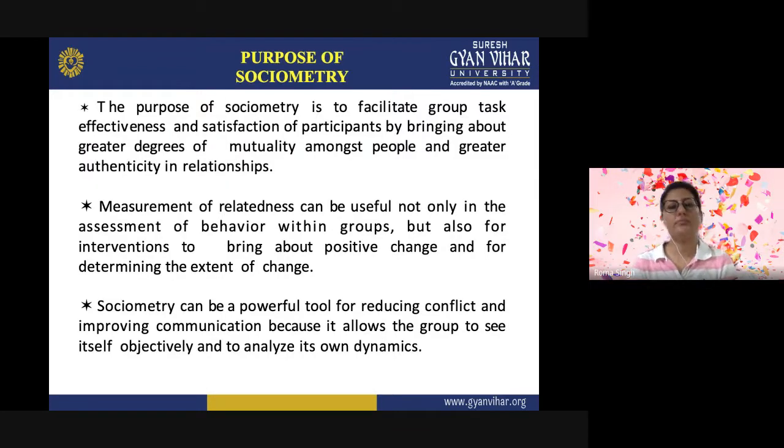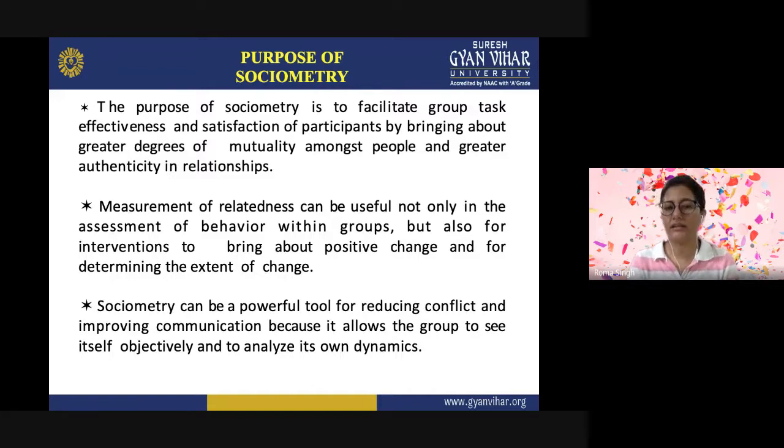So what is the purpose basically behind sociometry? The purpose of sociometry is to facilitate group task effectiveness and satisfaction of participants by bringing about greater degrees of mutuality among people and greater authenticity in relationships. People cannot lie every time about their social relationships.